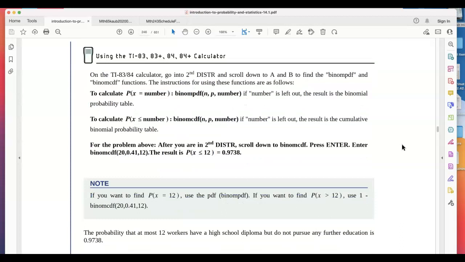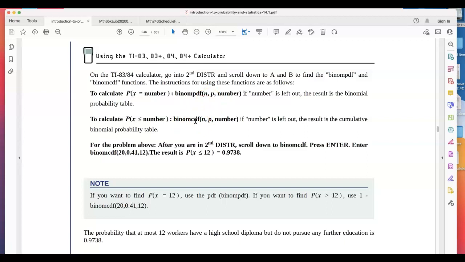So here are the calculator directions for finding probabilities. If we're going to find the probability that it's equal to a number, then you're going to do binomial PDF. Then you're going to put the n value, the p value, and the number you're looking for here. If it's less than the value, then it's going to be binomial CDF. So that's different. PDF is equal, CDF is less than or equal to. You're going to put in n, p, and the number just like you did up here. Okay, this does a cumulative up to that value.